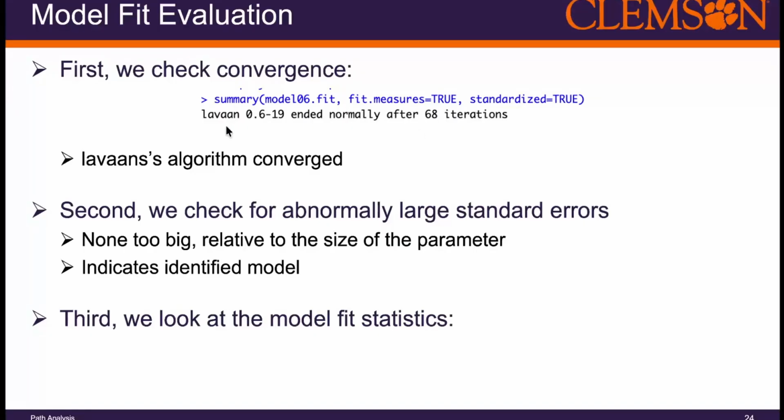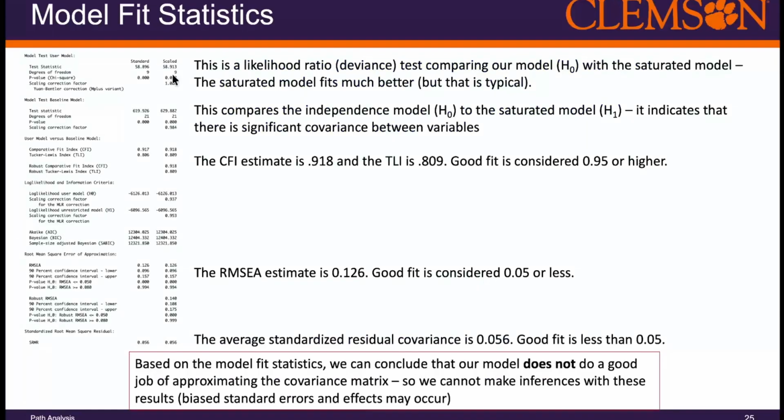We run the analysis model, and what we end up seeing is it says lavaan ended normally after 68 iterations. That's good. It converged, right? And now, if we take a quick look at the model fit statistics right here, we have to check whether or not the model fit. So let's go through the list.